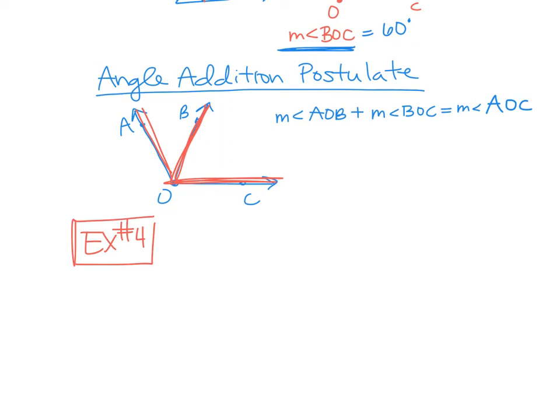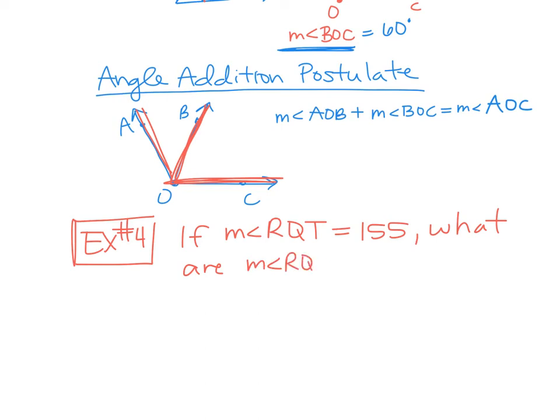Example 3, I kind of just lumped into some of my writing. So this is like example 4 in the book, but it's really the third one I'm marking in here. So this says if the measure of angle RQT is 155, what are the measure of angle RQS and the measure of angle TQS?